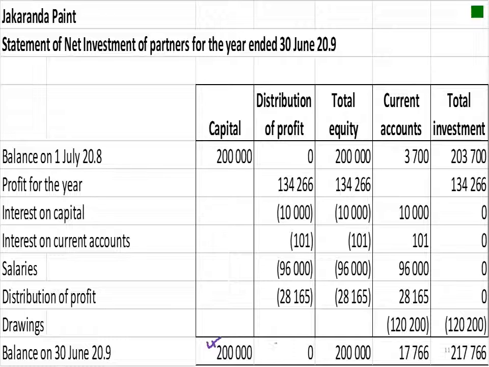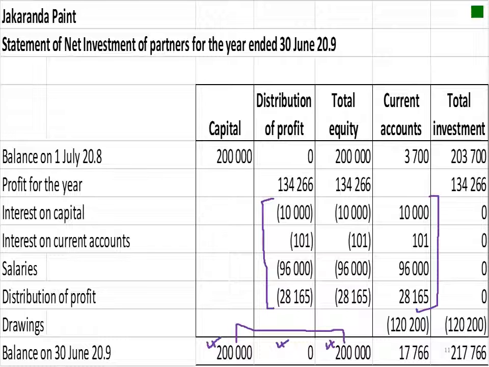The distribution of profit account balances to zero because everything in the distribution of profit account actually ends up being distributed to the partners' current accounts. So if we look at our total equity column, we've got the 200,000, which is basically the capital that the partners had introduced, and that gets shown as equity on the statement of financial position.